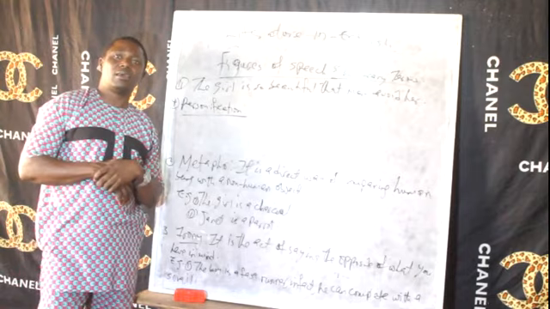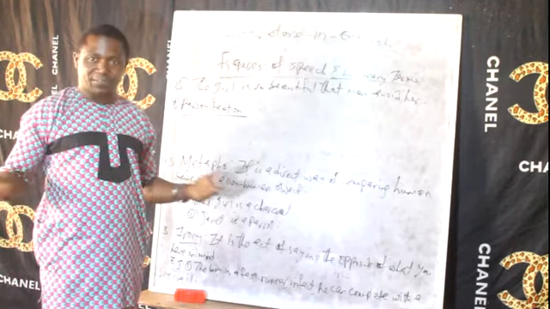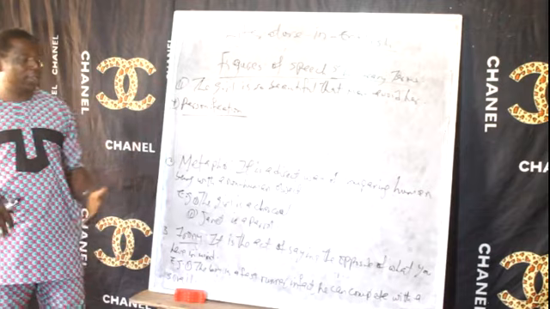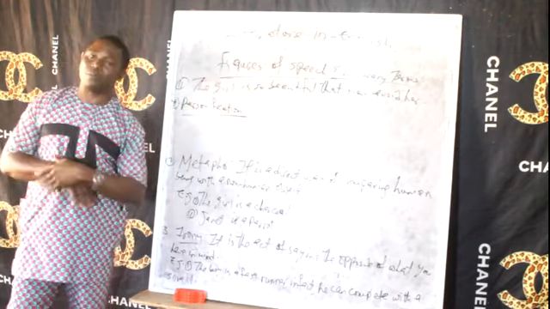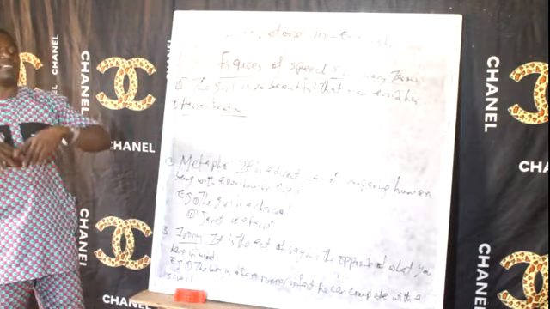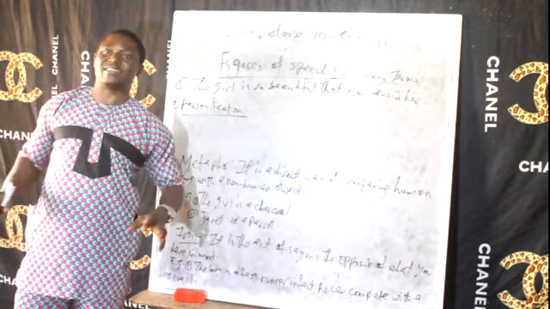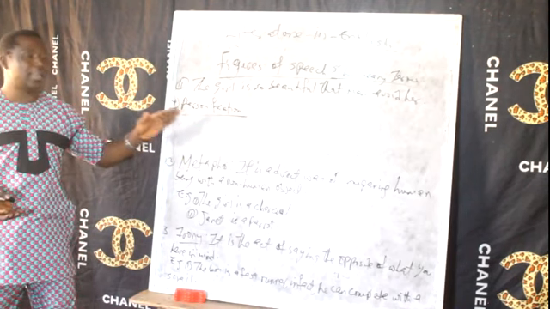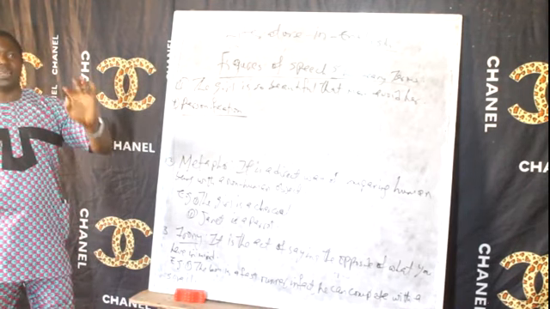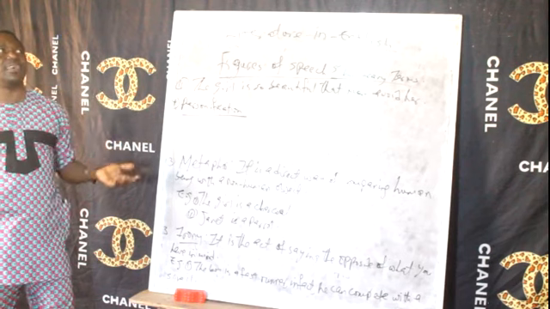Is a cloud a human being? Is it a living being? You are giving a living character to a non-living object. Say the sun is angry today. That is the sun personified.